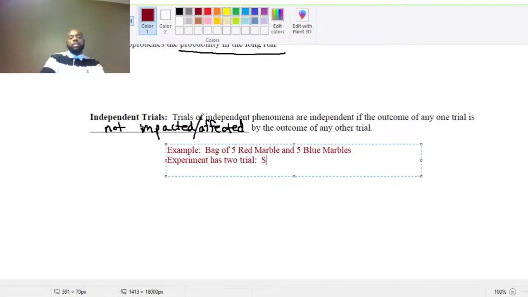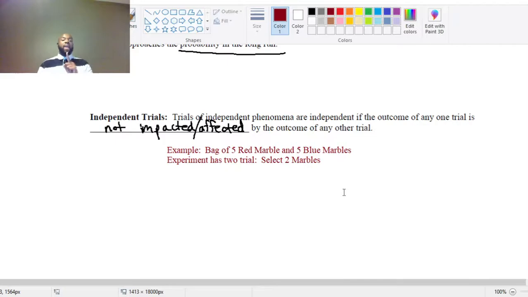What we're going to do is select 2 marbles, all right? Well, there's a way to select those marbles so that our trials are independent, and there's a way to select them so that our trials are dependent. So let's talk about when they are dependent.